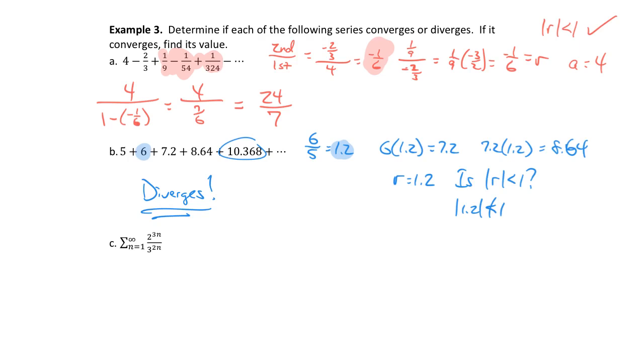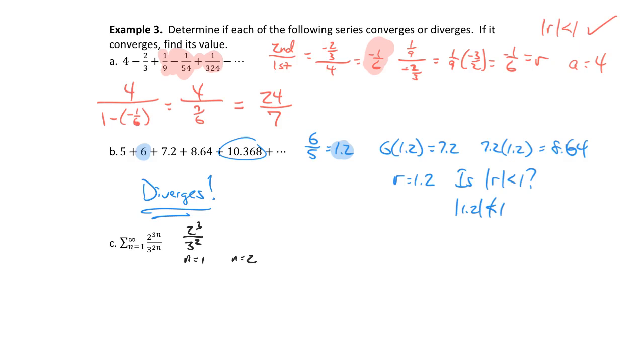And for our last example, I'm not so keen on this one. I'm going to write out several terms of the sequence that are in our sum, and then go from there. So when n is equal to 1, I'll have 2 to the 3 times 1, so 2 cubed divided by 3 to the 2 times 1, 3 squared.